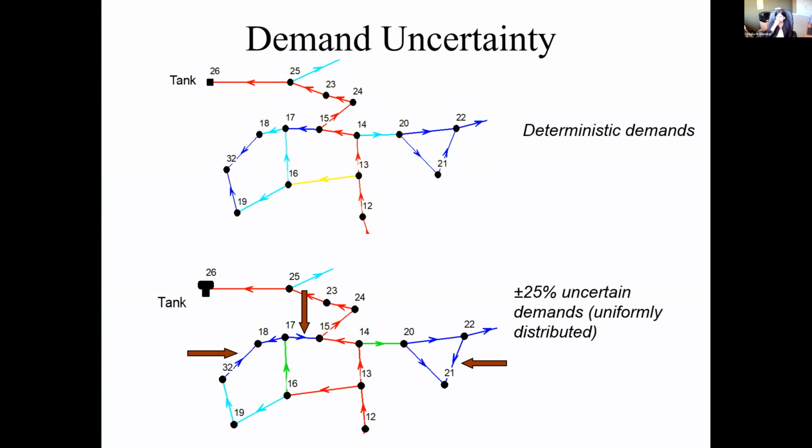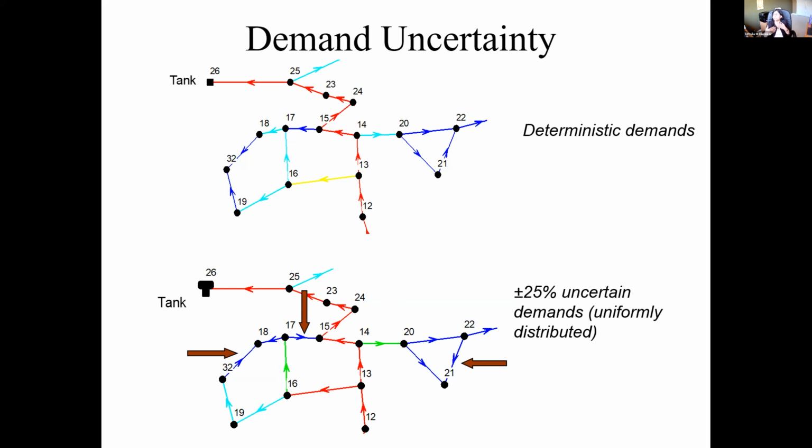Okay, now I'm saying that there is a 25% uncertainty in demand, uniformly distributed. What we found is that there are structures which occur because of the demand changes. If you look at the flow between 18 and 32, it is going in one direction when there is a deterministic demand. It goes in a different direction when the demand changes.